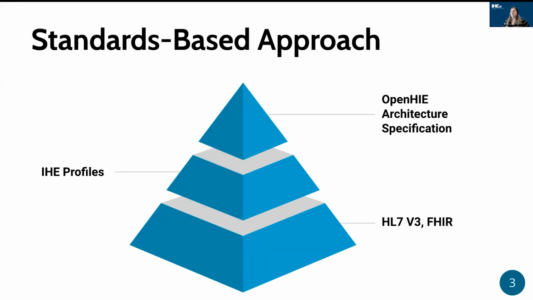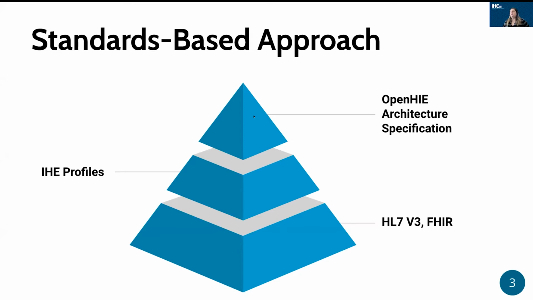And so just a little bit about how do we put all these things together. Derek mentioned that IHE profiles are based on other standards, HL7, FHIR. I want to talk just a little bit about what's in that OpenHIE architecture specification.